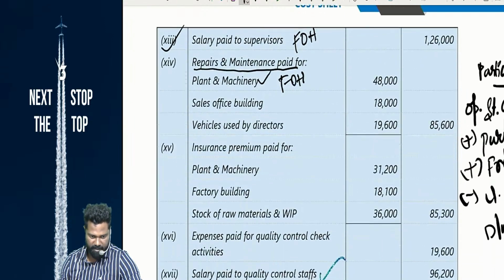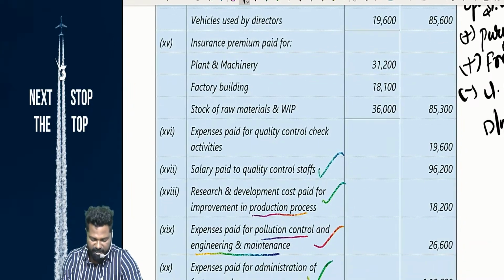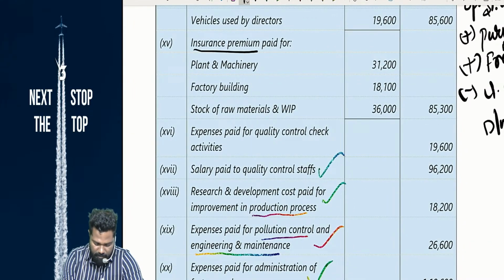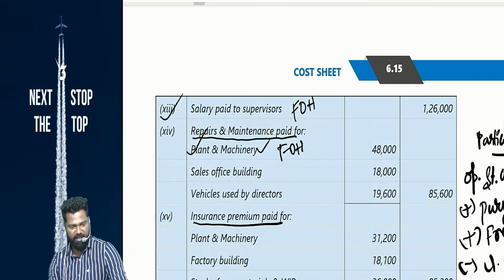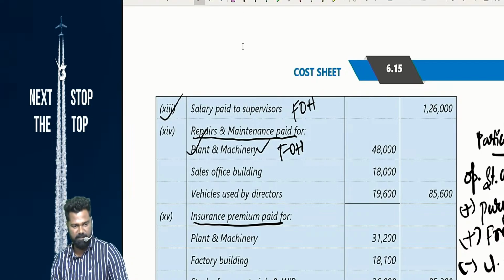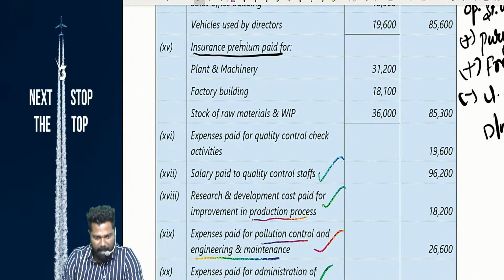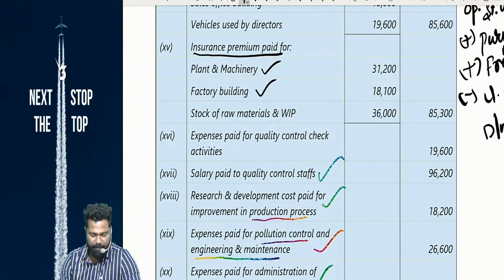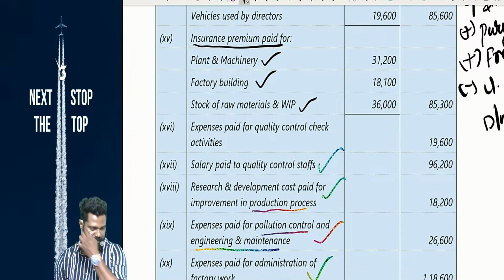Okay. Next, those items that do not come under factory. Insurance premium. Tell me, insurance premium, where does it come? Insurance premium paid for plant and machinery, factory building, stock of WIP. All these three come or not? Clearly tell me.